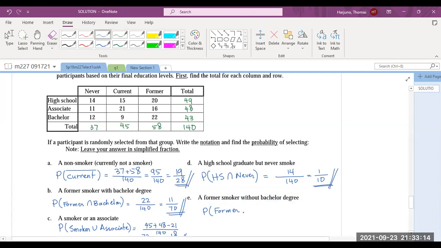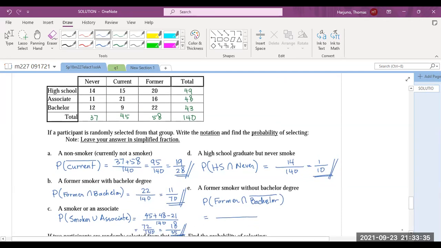It is restricting, so it's and. Former and not bachelor.